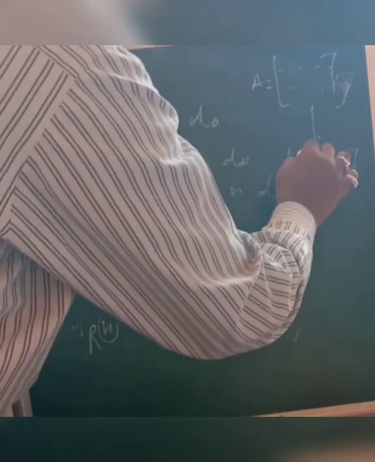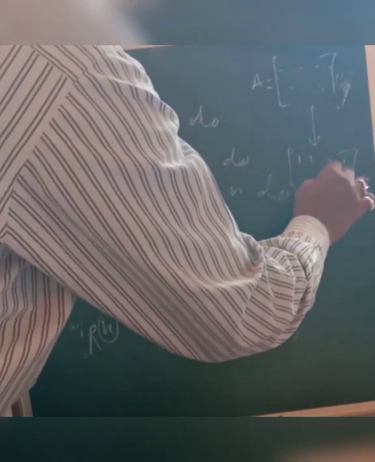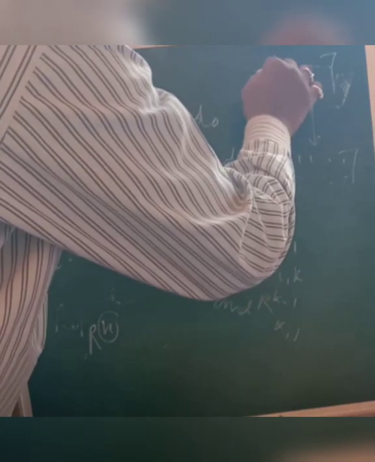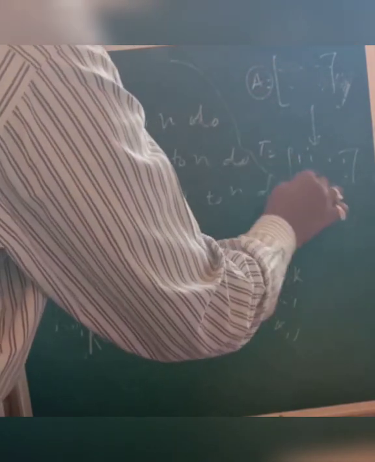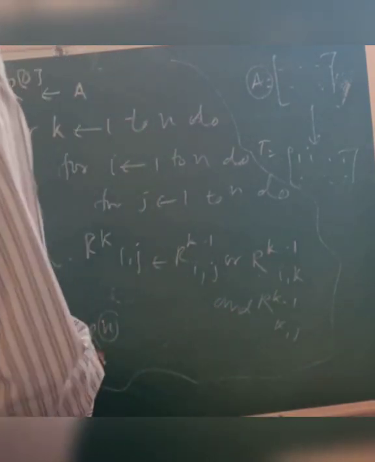We took the first matrix, called matrix A, and then we get the last matrix, 1 1 1 and then 0 0 0 1 1 1, that is the transitive closure. So we converted the matrix A into the transitive closure. This is called the Warshall algorithm.